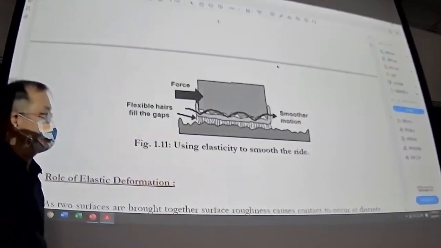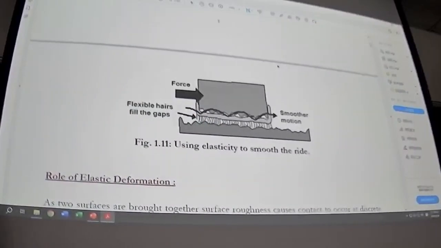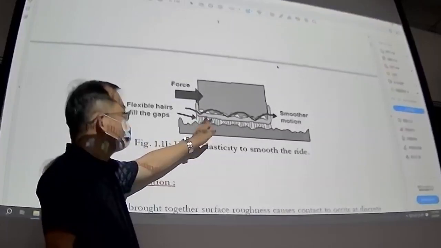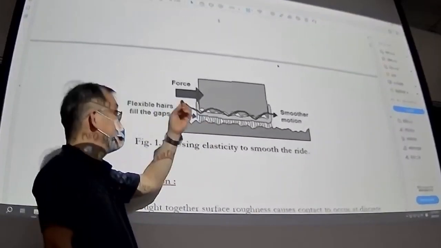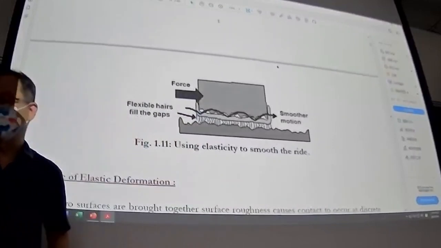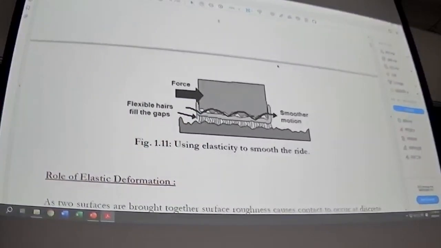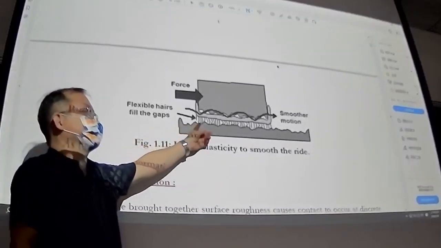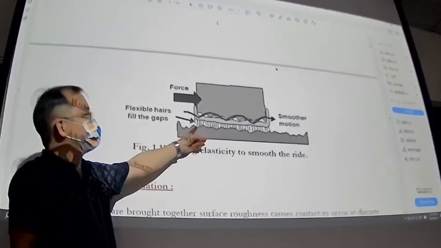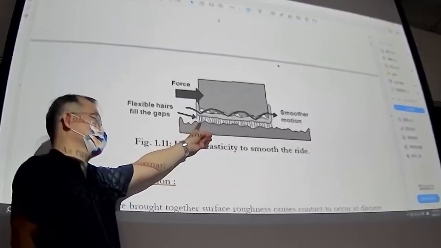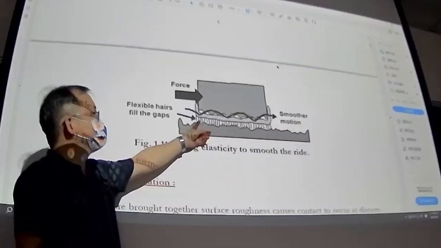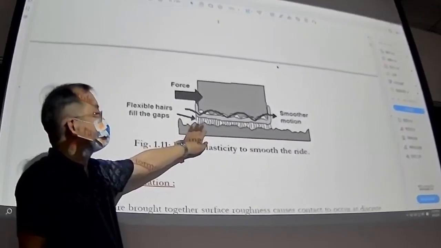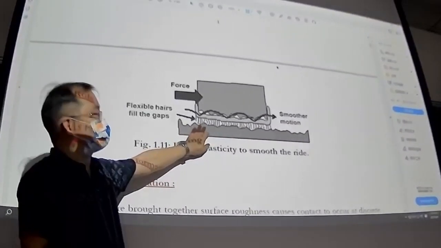Okay, if you are adding some lubricant in between this contacting interface, then usually the chemical in your lubricant will have some long chain hair attached on the surface.